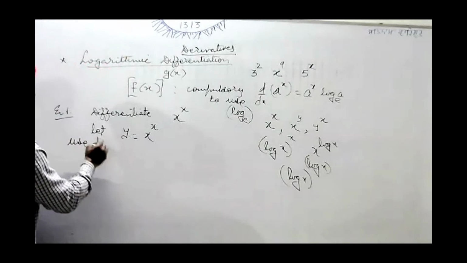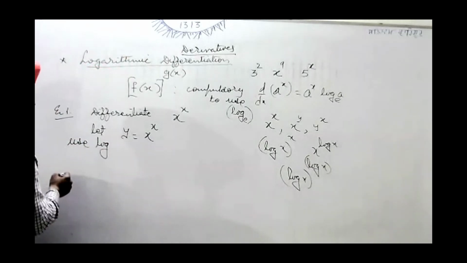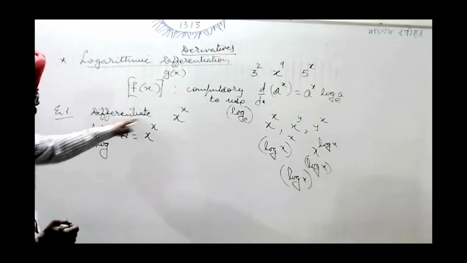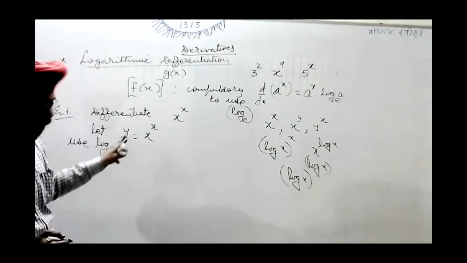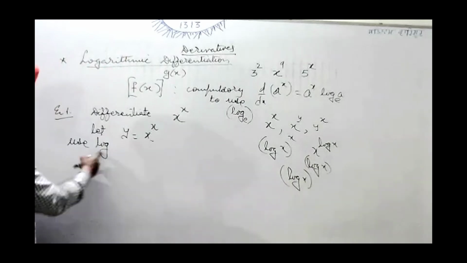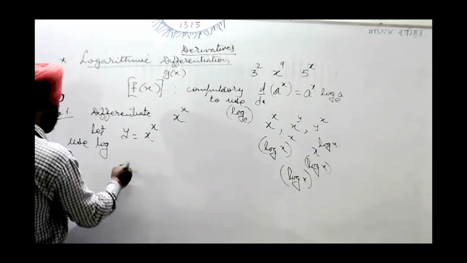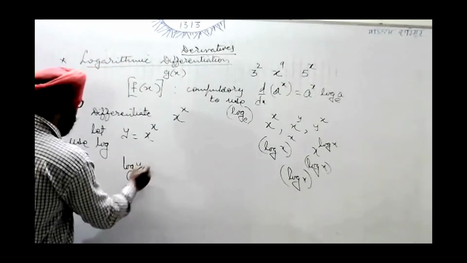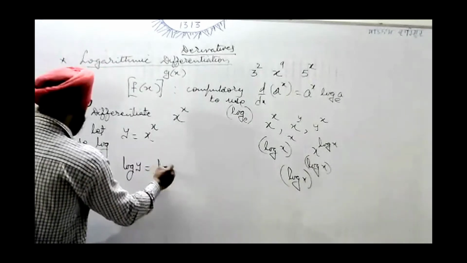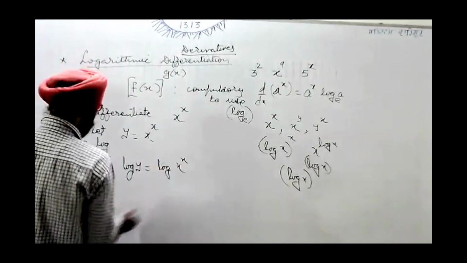Use log. Differentiating x to the power x means differentiating y. Obviously they are equal. So when I use a log on both sides to base e, no need to mention base e, take log y equal to log of x to the power x.